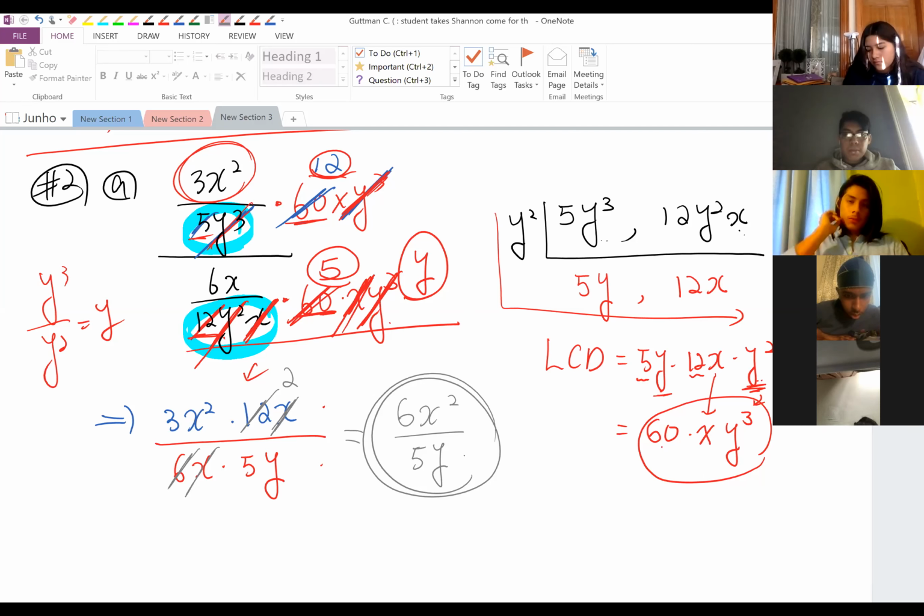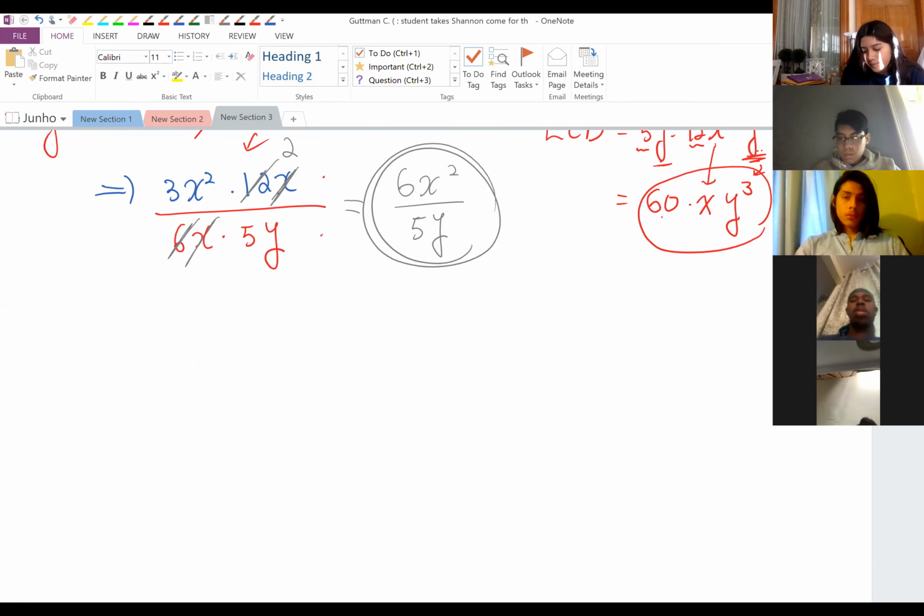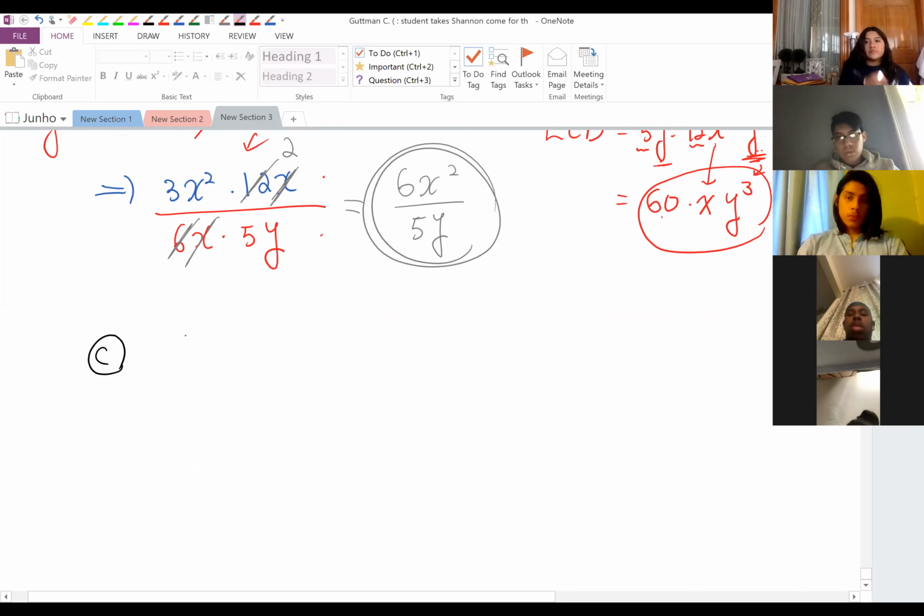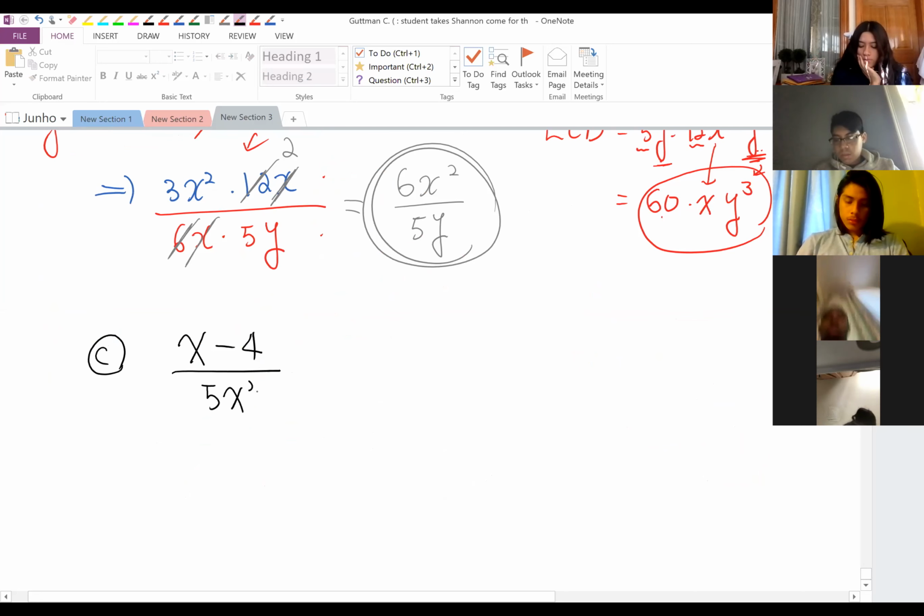Okay, I'm gonna show one more and then also give you some practice time and then we can check the answer together. So C here: x minus 4 over 5x squared over 3x minus 12 over 10x.